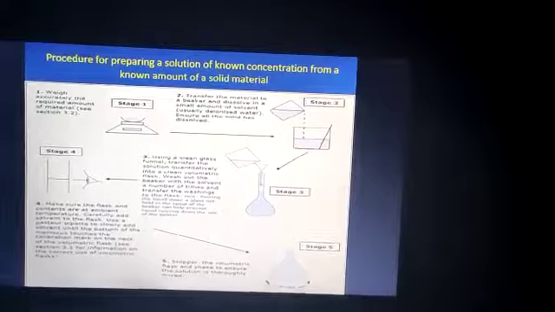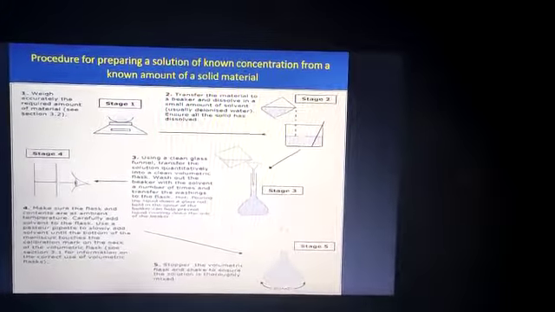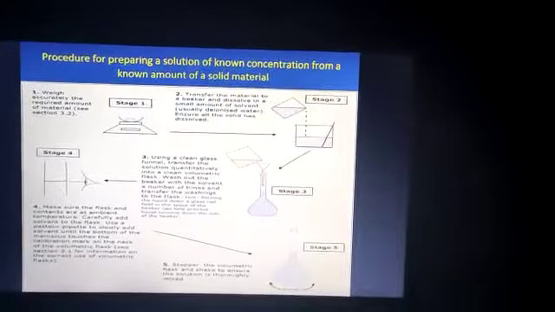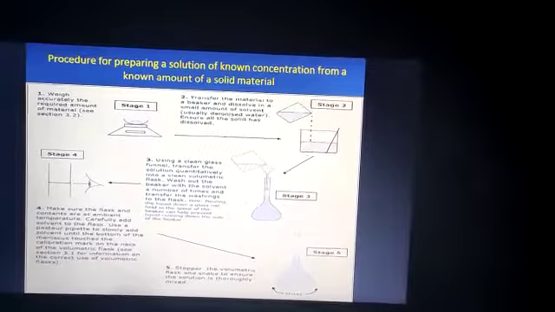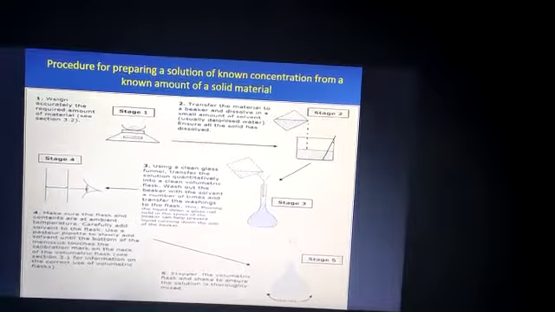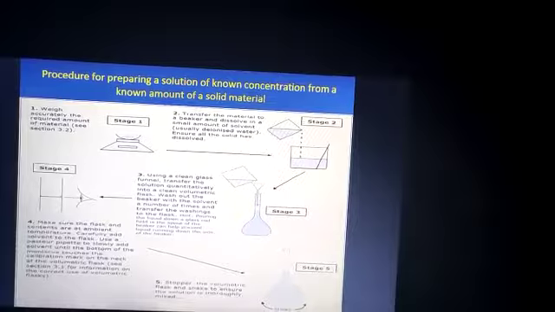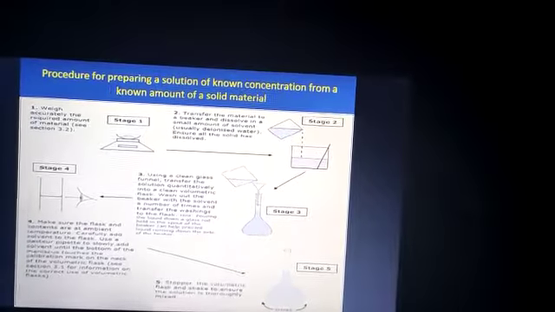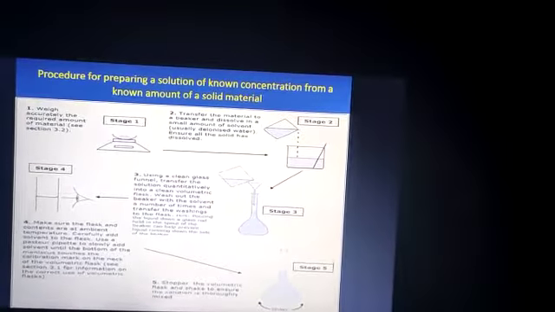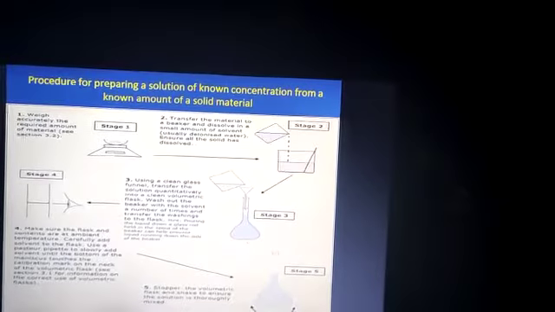Now, the procedure of preparing a solution of known concentration from a known amount of a solid material. The first part is weigh accurately the required amount of material. See section 3.2 that we did. Transfer the material to a beaker and dissolve it in a small amount of solvent, usually deionized water. Ensure all the solid is dissolved.